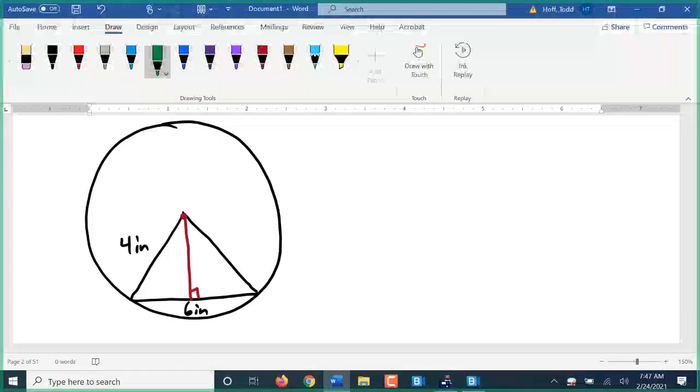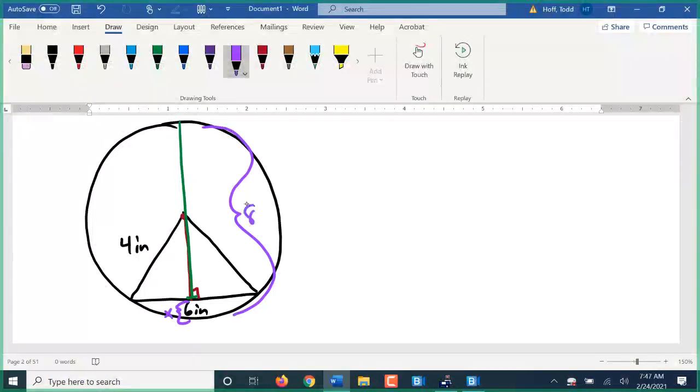Well, there's actually a couple of different ways we can go about it, but I'm going to do this. I'm going to call this little piece here x. And I know the whole diameter of the circle has to be 8 inches if the radius is 4.